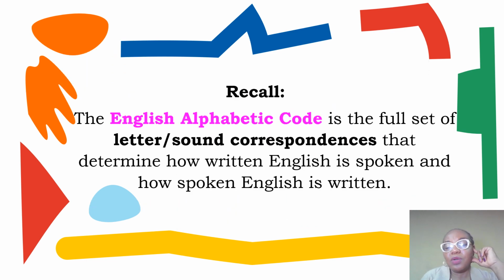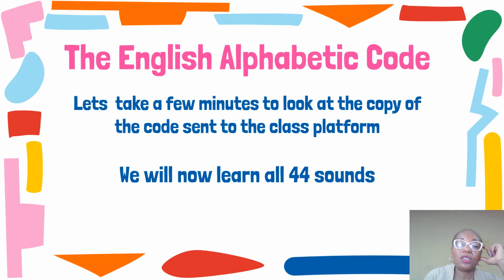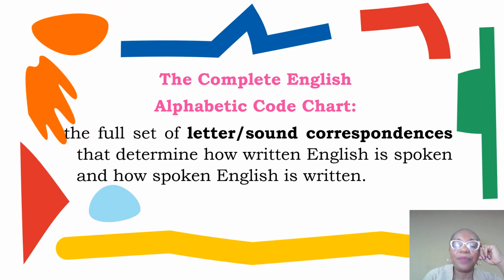Okay, folks. Once again, we bring up the fact that the English alphabetic code is a full set of letter-sound correspondences that determine how written English is spoken and how spoken English is written. The English alphabetic code is what we now want to look at. The chart was sent on the platforms prior to now, so everybody has had a chance to interact with the chart.